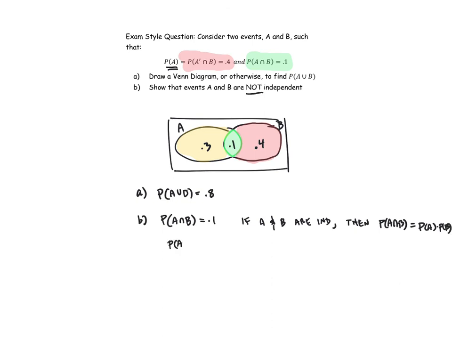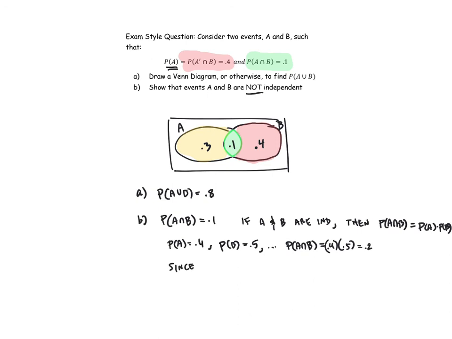The probability of A we know is 0.4. The probability of B, we can see from our Venn diagram, is 0.5. Therefore, 0.4 times 0.5 equals 0.2.